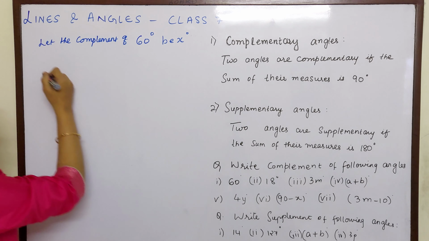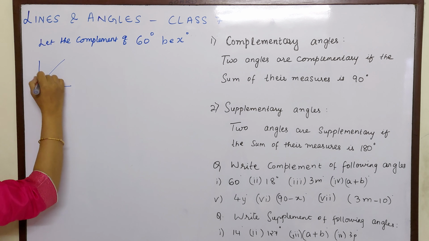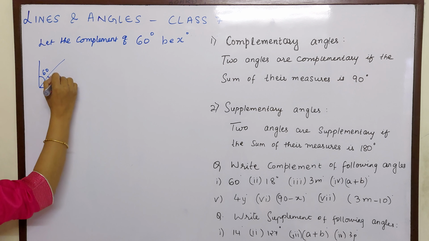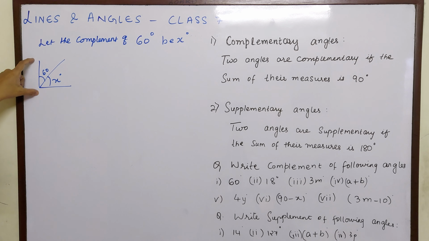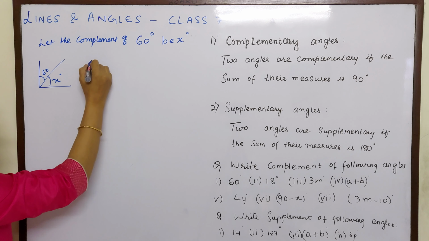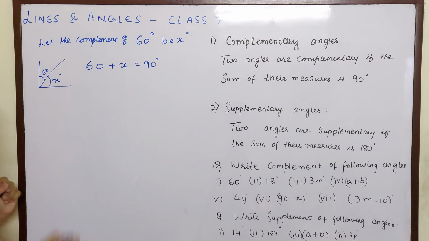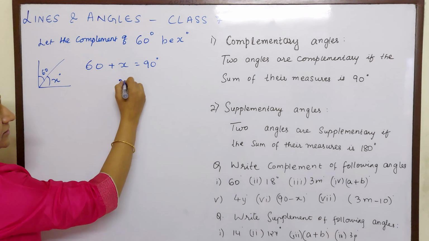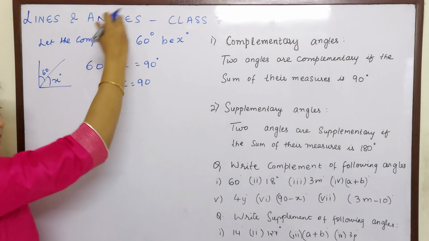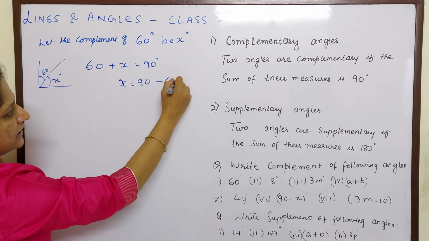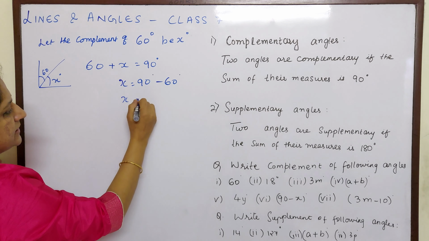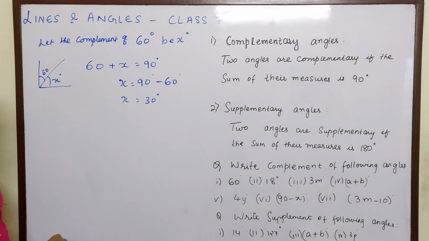If there are two angles, one is 60 and the other is x. As they are complementary angles, the sum of their measures should be 90 degrees. So what will be x, children? 90, when you take plus 60 to that side, it becomes minus 60, and x is equal to 30 degrees.